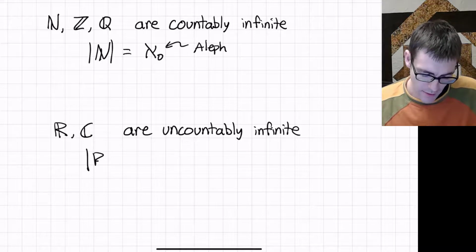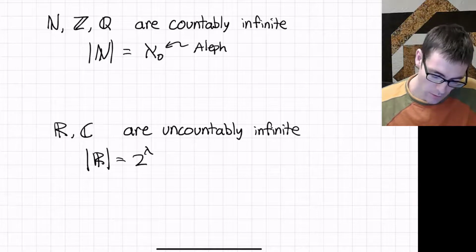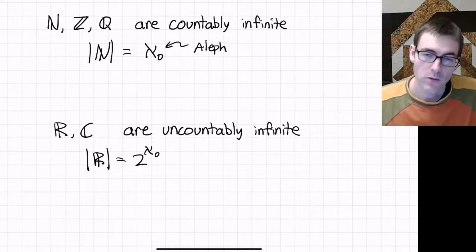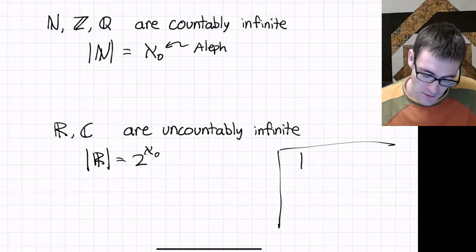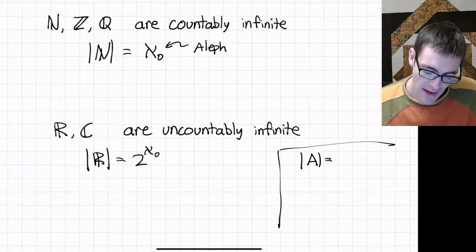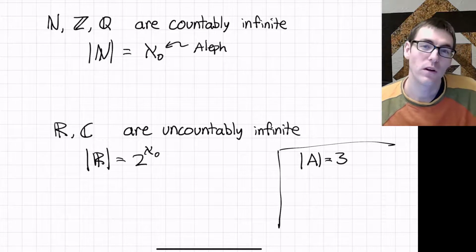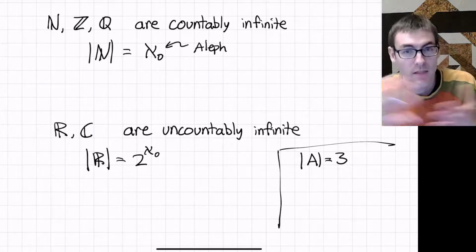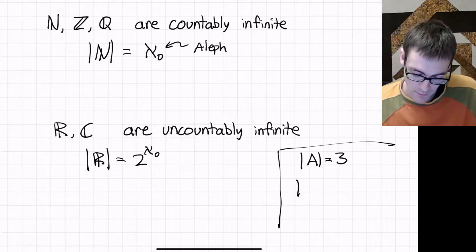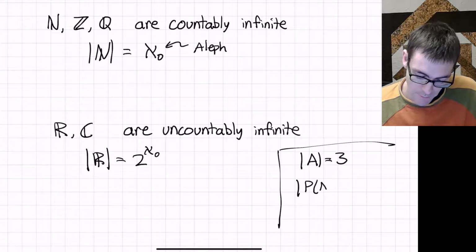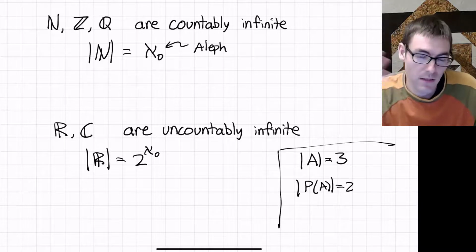Analogously, the set of real numbers has cardinality 2 to the power of aleph null. So going back to when we started talking about power sets, when we first said that if we have a set that has finitely many elements, let's say it only has 3 elements, and we were counting how many subsets there are in A, well, the number of elements in that power set ended up being 2 to the power of the number of elements in the set to begin with.